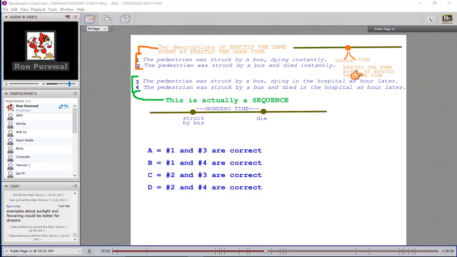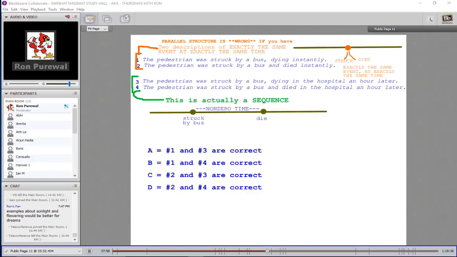So this is going to be a modifier. Putting these in parallel is incorrect if you have this kind of situation. Parallel structure is wrong if you have two descriptions of exactly the same event at exactly the same time.